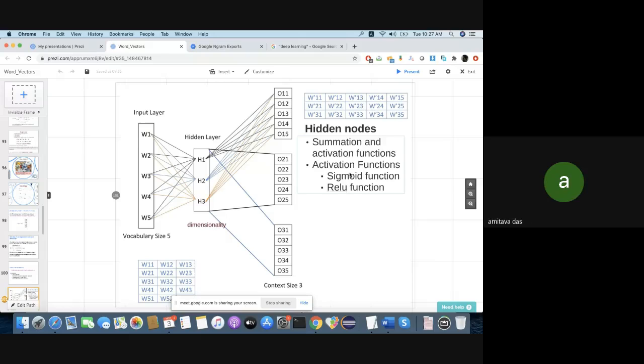Typically people use a normal nonlinear function like sigmoid, ReLU, etc. But let me remind you again, in word2vec, we are not using any activation function. That's why people sometimes argue word2vec is not a neural network at all. It's just a simple setup inspired by neural networks, but it's not a neural network. Anyway, we have only summation, no activation function. So this is the simple setup here.